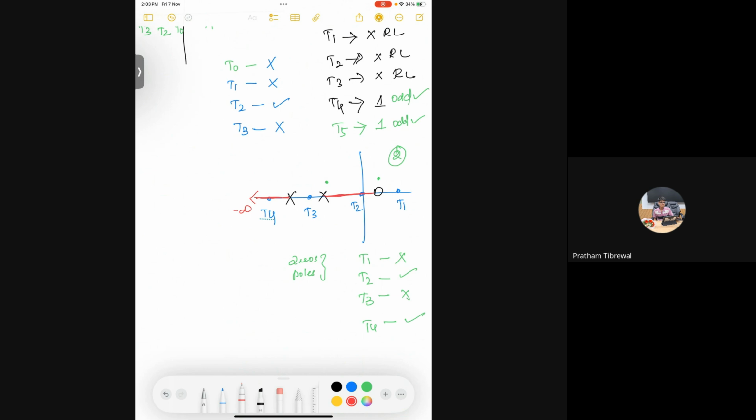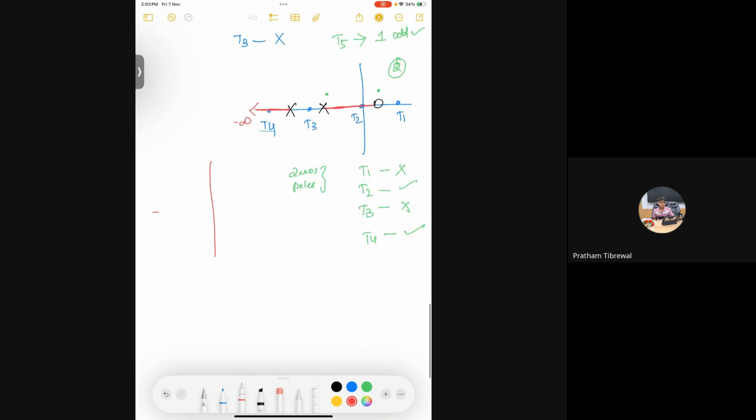I hope this is clear. We'll do one more exercise. Now say which part will come, from T1, T2, T3, T4. T1 obviously won't come. T2 will come.